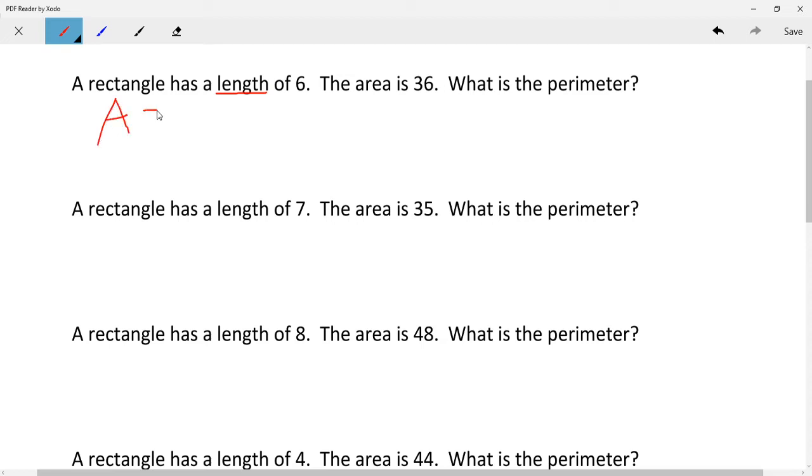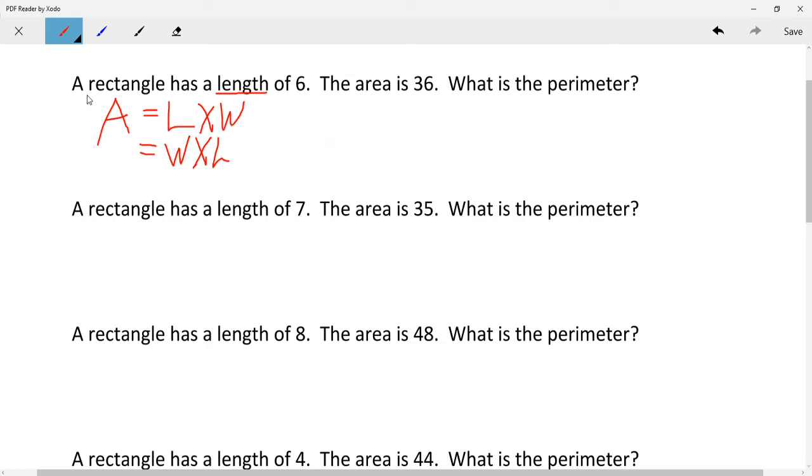Basically, area equals length times width, and that also means that it equals width times length, right? So it doesn't really matter which one they give you, if they give you either length or width.